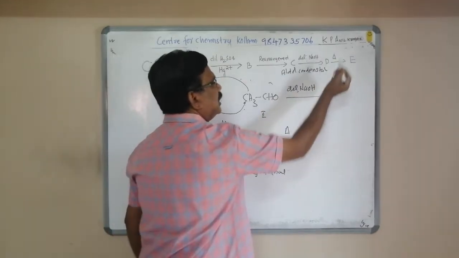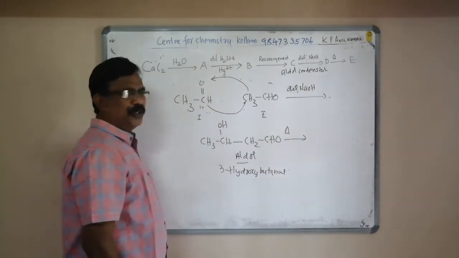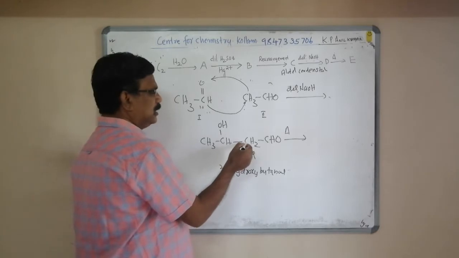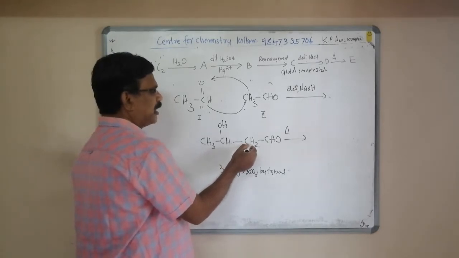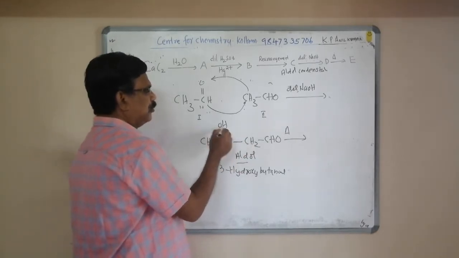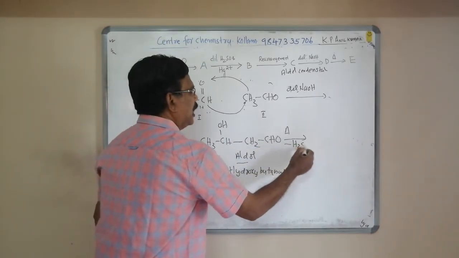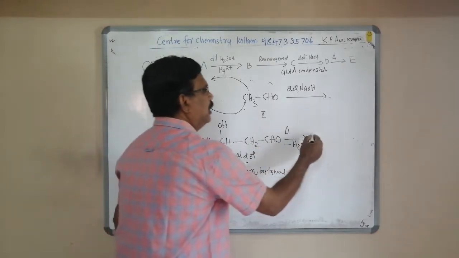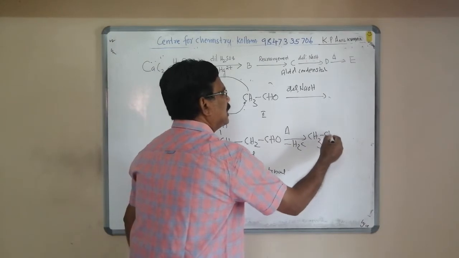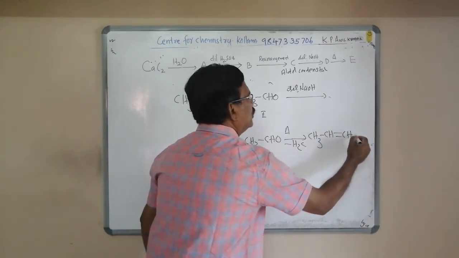On warming, heating D to E, it loses a molecule of water. From the alpha carbon 1 H and from the beta carbon OH, minus H2O, the alpha-beta single bond becomes double, and the answer is CH3, single bond, CH double bond CHO.